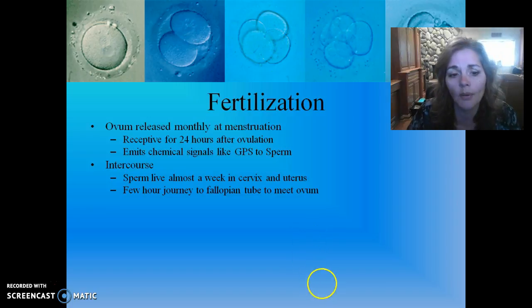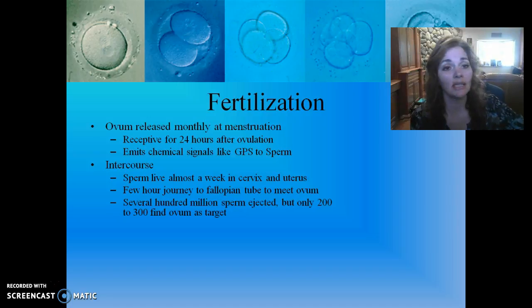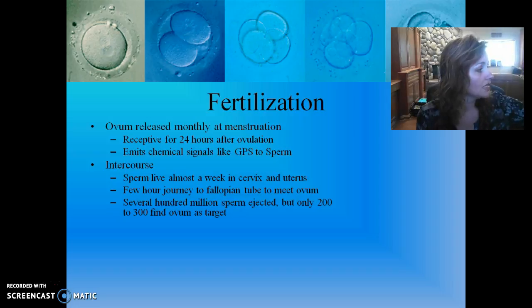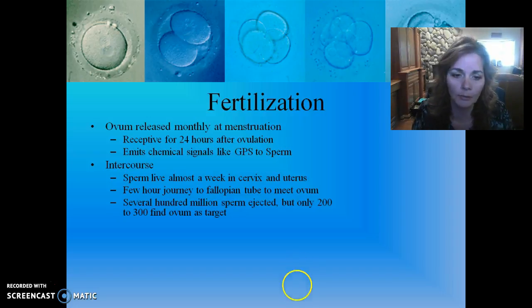It takes a few hours for them to actually find the ovum. Usually fertilization occurs in the fallopian tubes. About a couple hundred million sperm are actually released, but only 200 to 300 make it to the ovum. And so we see that they have high fatality rates, even in the context of sperm.